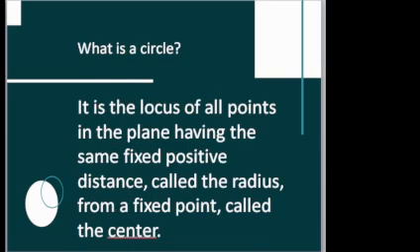Now, what is a circle? A circle is the locus of all points in the plane having the same fixed positive distance, called the radius, from a fixed point called the center.